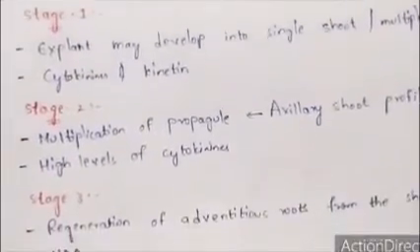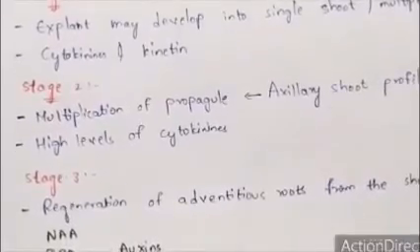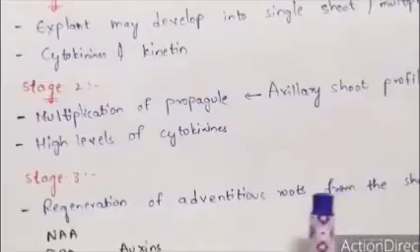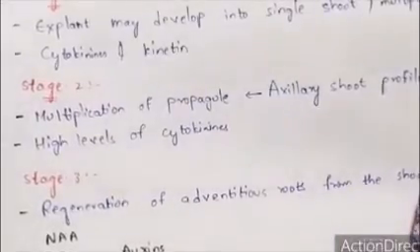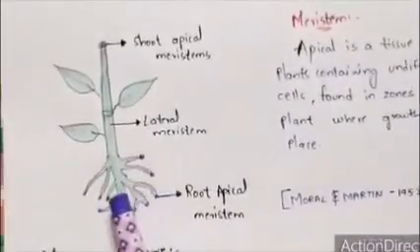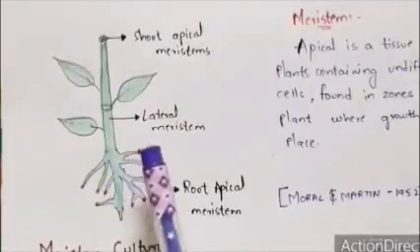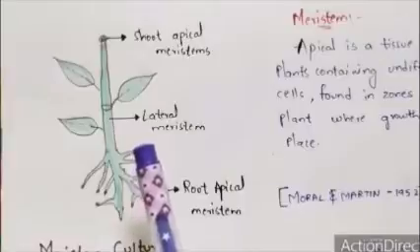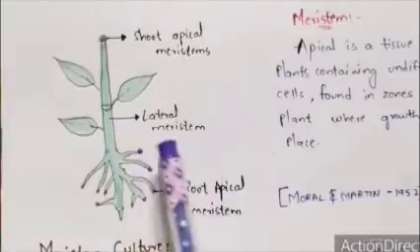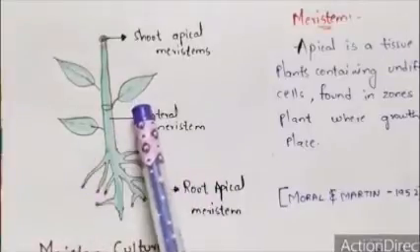Now coming to stage 3, regeneration of adventitious roots from the shoots. Roots from the shoots. So you can understand this: just think that this is the thing which you are going to produce. Here firstly the shoot will be produced.